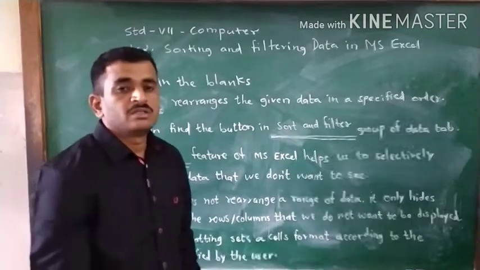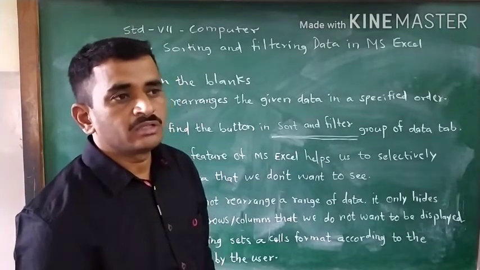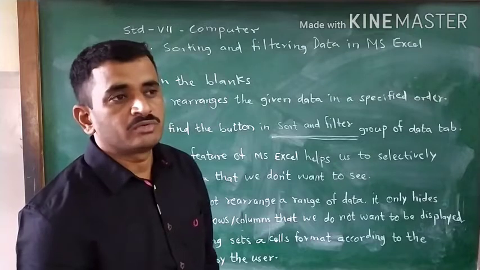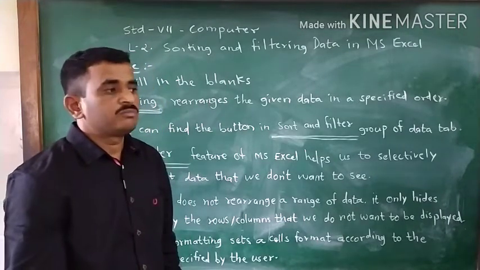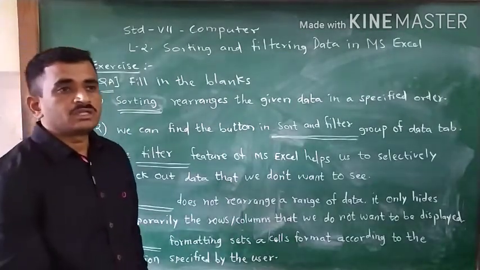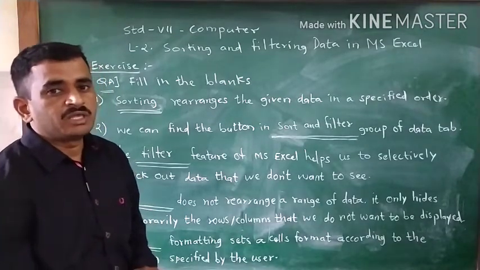It means filter hides the data temporarily and shows whatever data we want to see. That is the use of filter. Then again we can get all the data back by using filter.